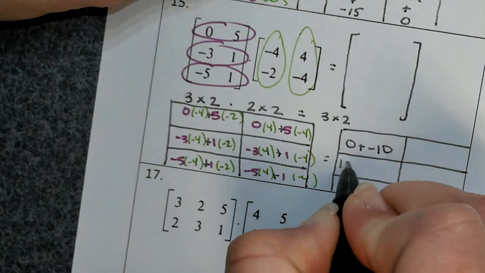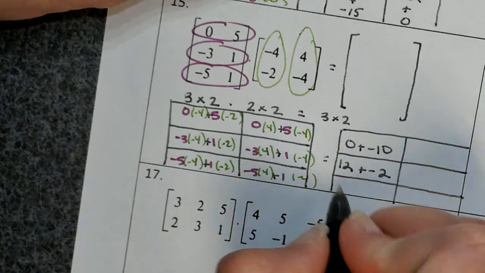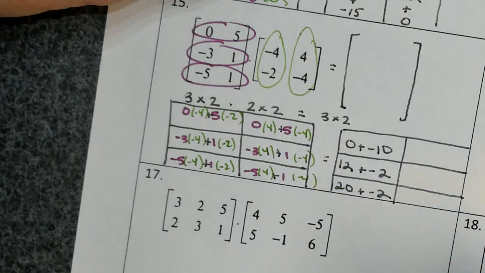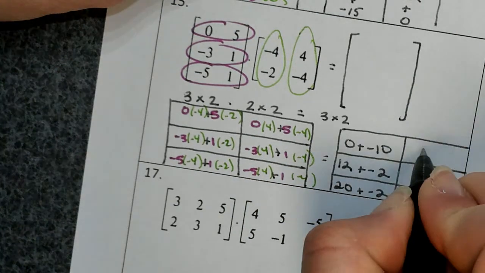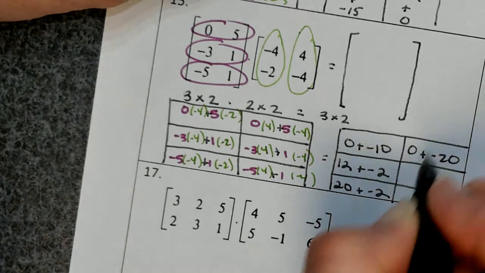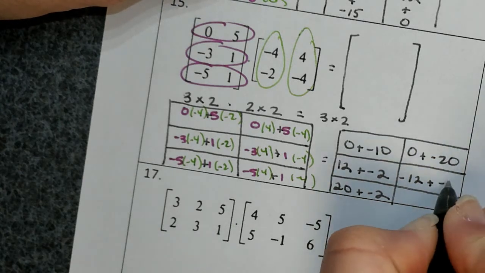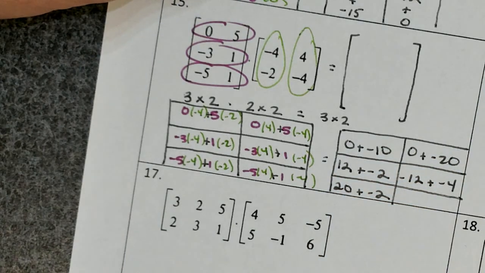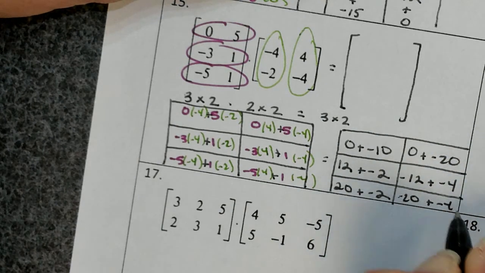I have a 12 plus negative 2. I have a 20 plus negative 2. Here I have 0 plus negative 20. Negative 12 plus negative 4. I have a negative 20 plus negative 4.